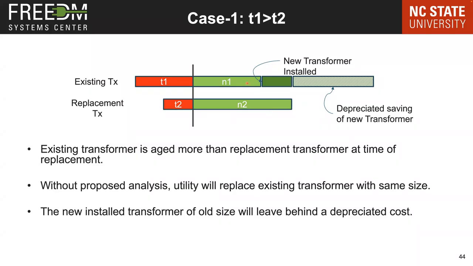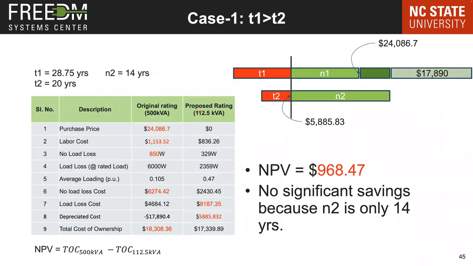So basically what happens here is when T1 is greater than T2, you would end up buying a new transformer in the existing case, in a base case analysis, instead of replacing with a replacement strategy. I think it'll be easier to understand here. Let's say for T1, we consider a case where a 500 kVA transformer is replaced with our proposed strategy from earlier, a 112.5 kVA transformer.